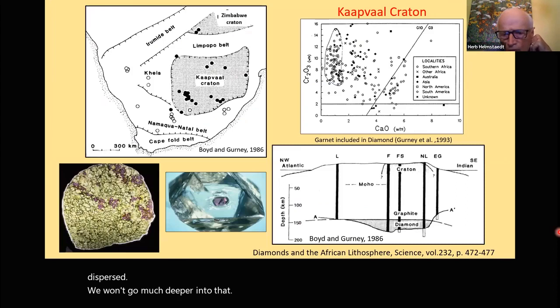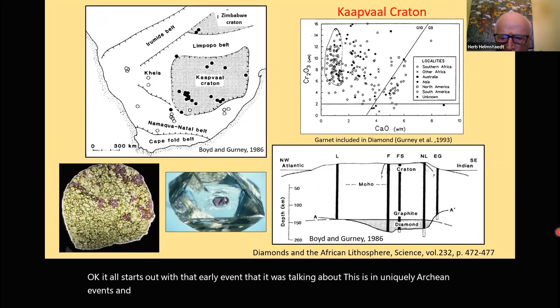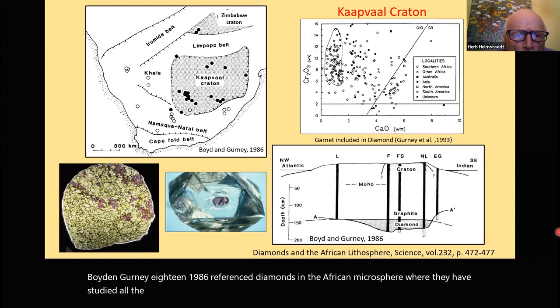Okay, it all starts out with that early event that I was talking about. This is a uniquely Archean event, and it was, of course, recognized in South Africa. The seminal reference there is the Boyd and Gurney 1986 reference, Diamonds and the African Lithosphere, where they studied all the garnets that come out of kimberlites.